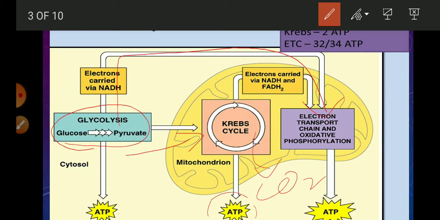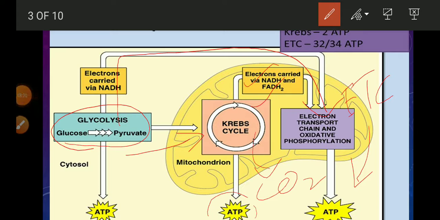Most of the energy is stored in the form of electrons which are carried by NADH and FADH2. Now these NADH and FADH2 move to the electron transport chain, or ETC, and then they change into ATP in chemiosmosis.